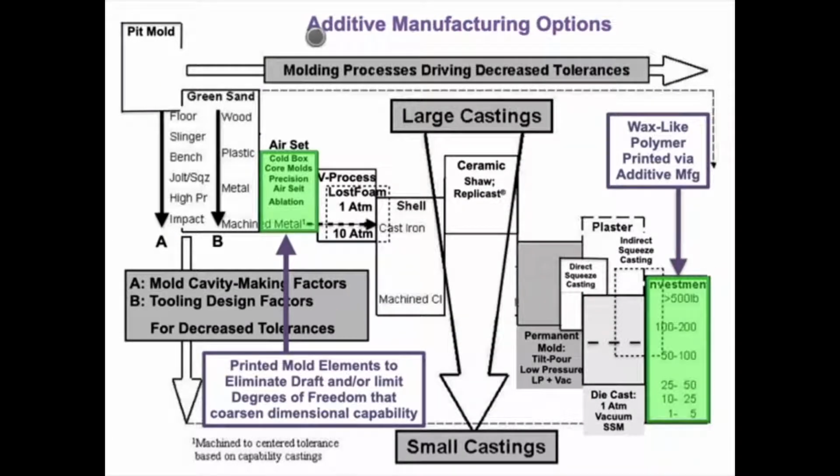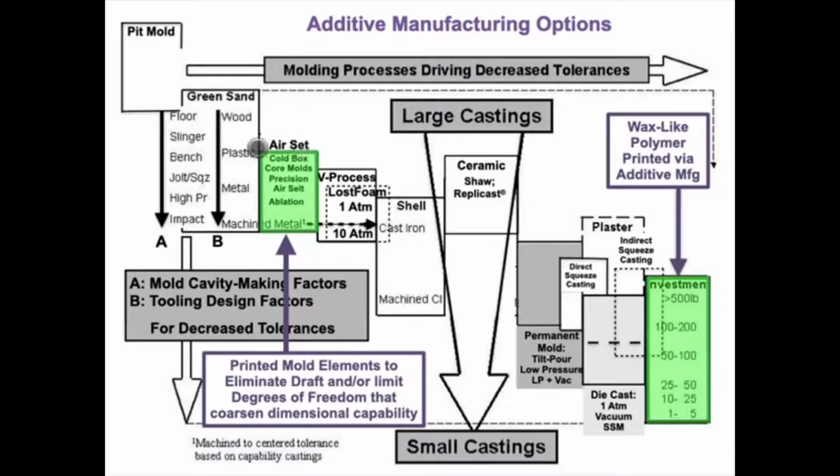Additive manufacturing options. Additive manufacturing technologies apply differently to the air set and ceramic shell investment mold processes. Gary Burrow explained both fully in Part 1. For our purpose here, the point is eliminating draft and/or eliminating and minimizing mold degrees of freedom so that most of the best tolerance capability can be realized.